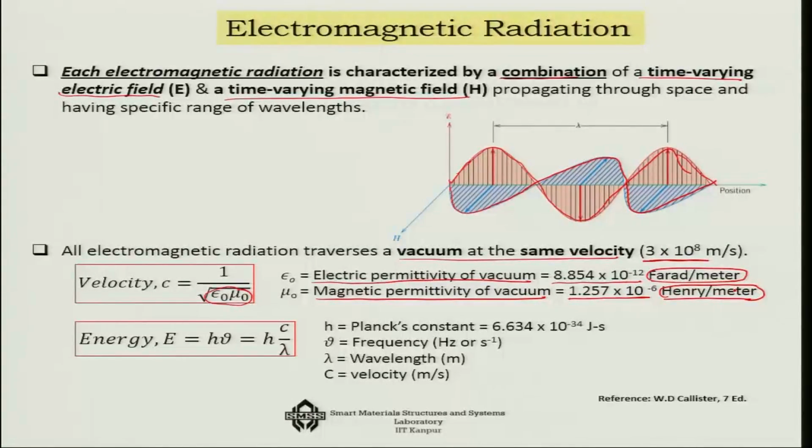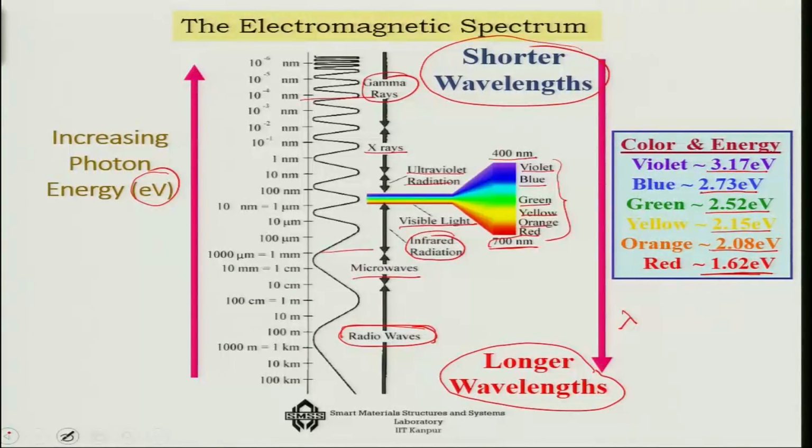And how do we calculate the energy? Well, that is E equals h nu, where h is the Planck's constant, which is known to you, and nu is the frequency. As I already told you, the wavelength of each of these cases of light, violet, blue, green, is known to you.